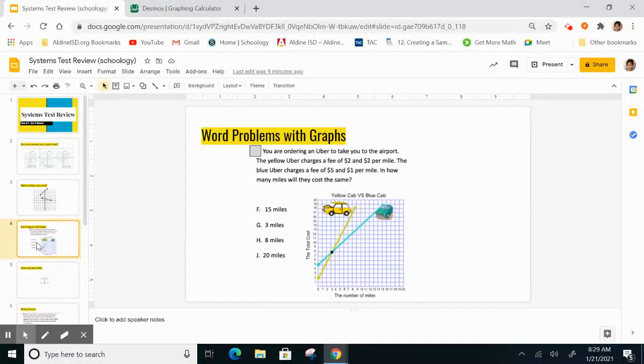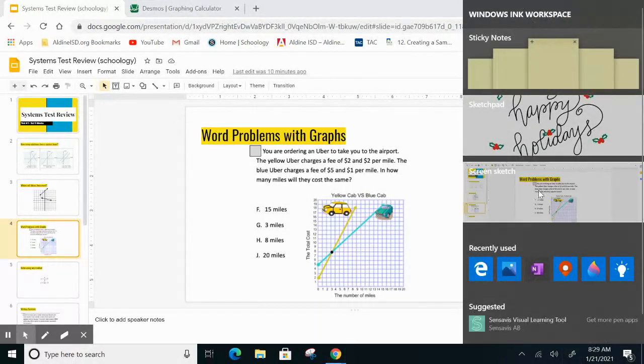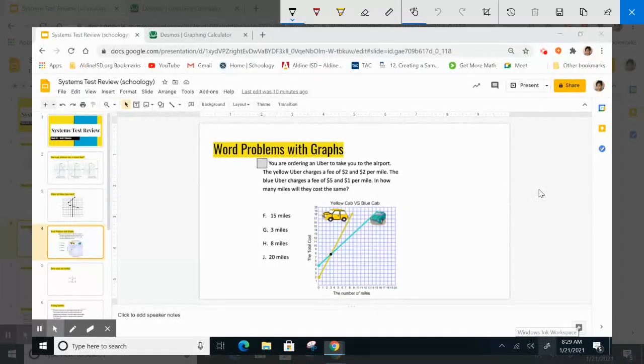So we don't have to do a lot of work here because the graphs of the yellow and the blue Uber have been found for us. And so we just want to know when they will be the same. And so when they are the same is going to be when they meet. So we're looking for this point right here where they meet. So if we take a look at that, the solution is going to be at 3 and 8.